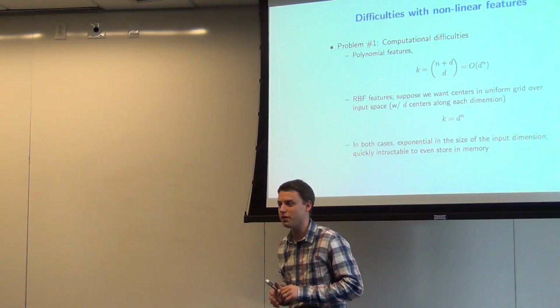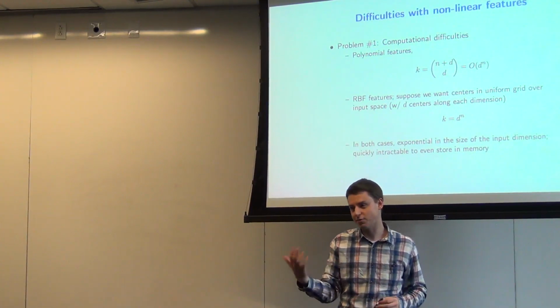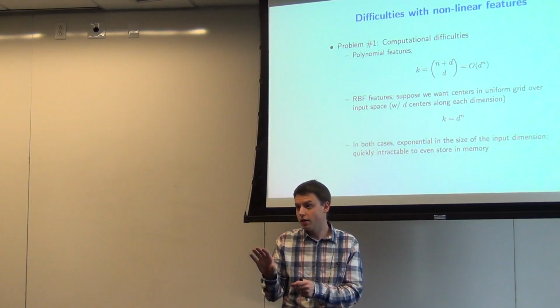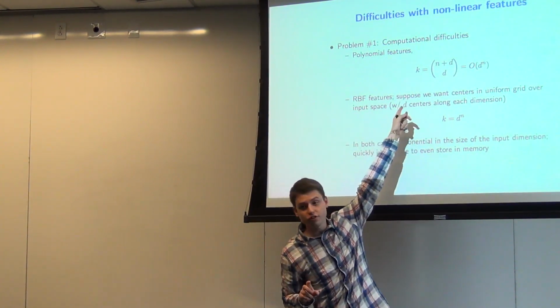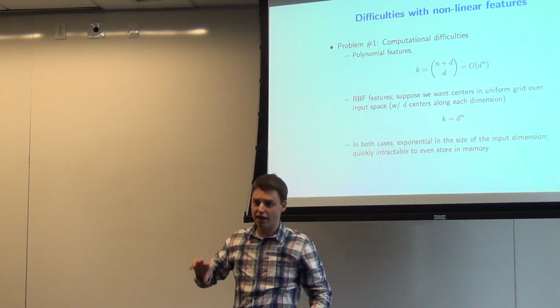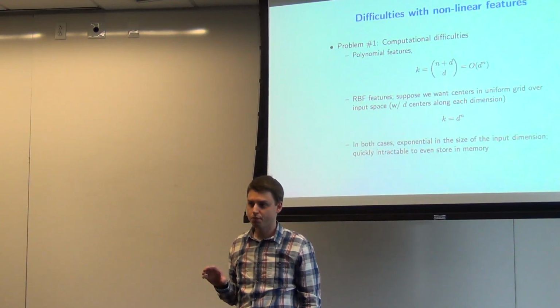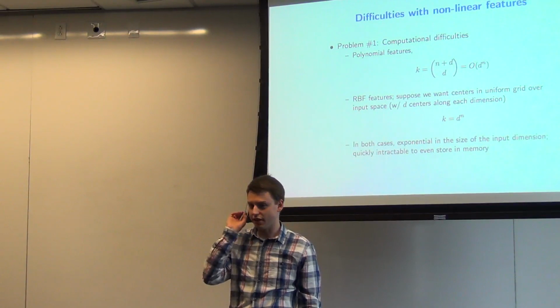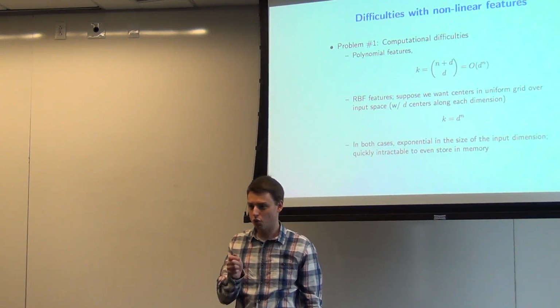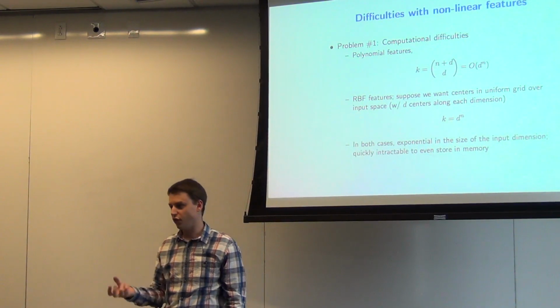It's the same term, but you can think of it as increasing exponentially in the dimension of your input. For a fixed degree, the number of polynomial features will grow exponentially in your input dimension n, right? So fixed d is, say, a 5-degree polynomial. The number of features you create will grow exponentially in the size of your input n.